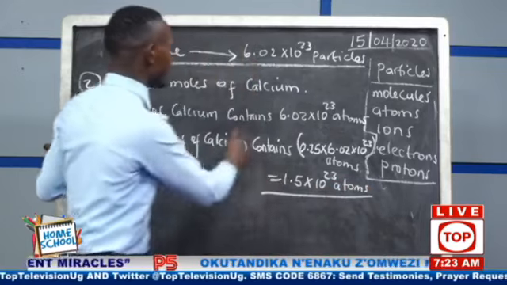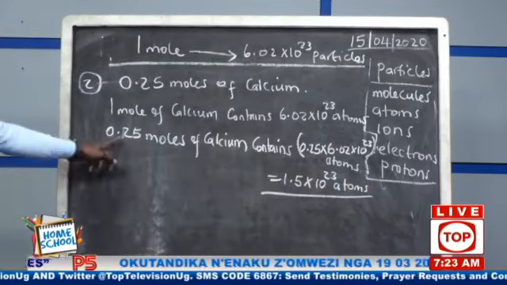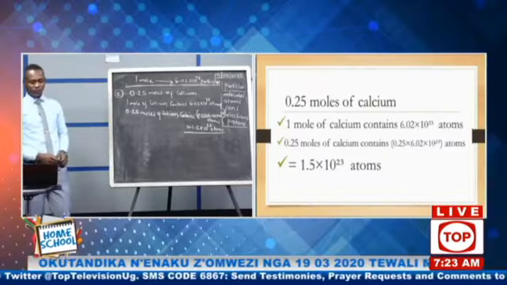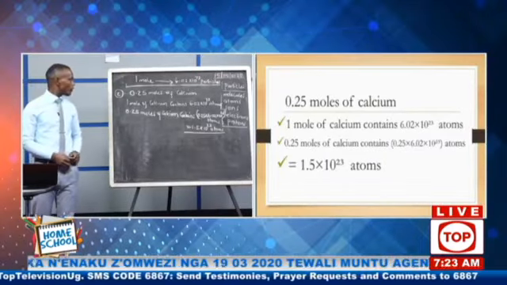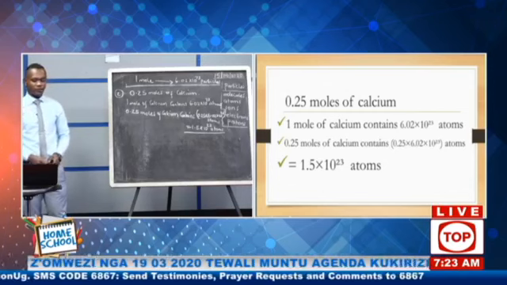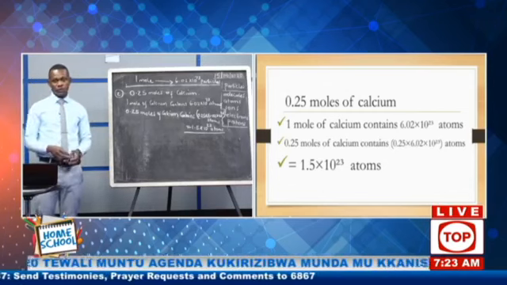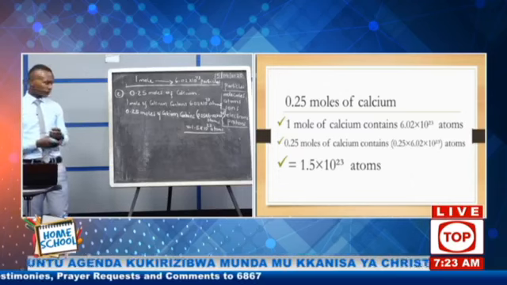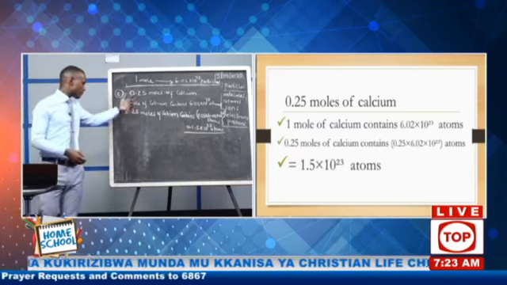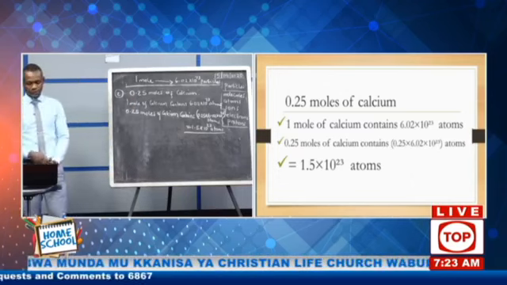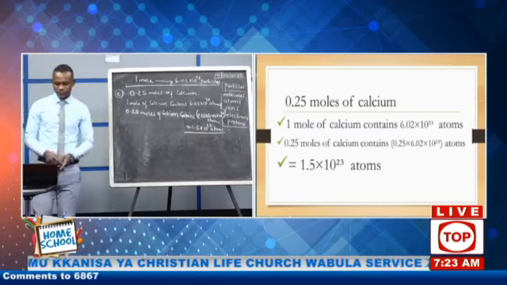That means these are the number of atoms which are contained in 0.25 moles of calcium. All right? Hopefully, we are applying what we saw in the video. And we can now use here the same concept of the buckets of mangoes.